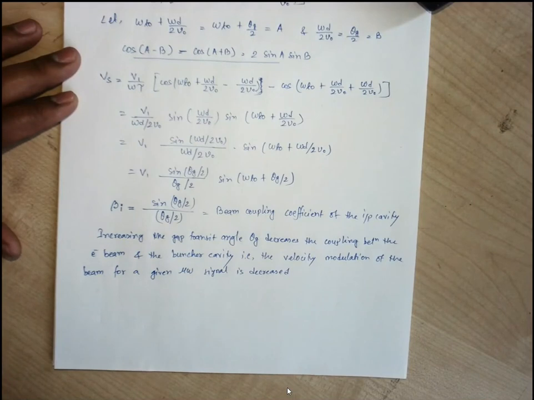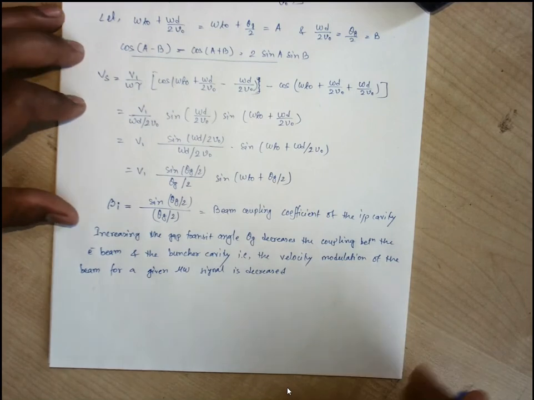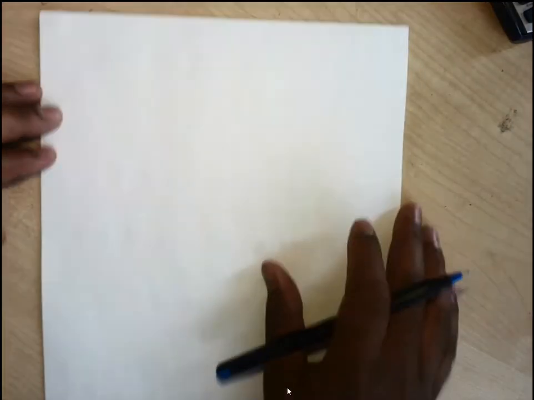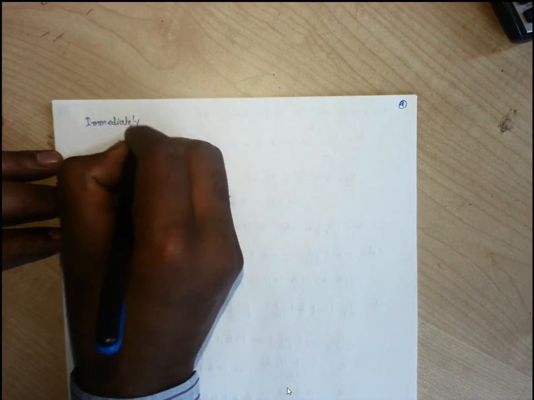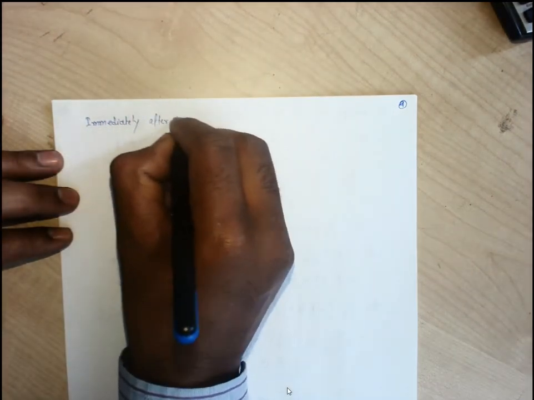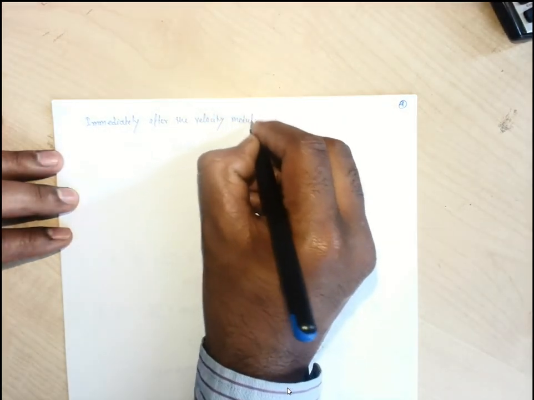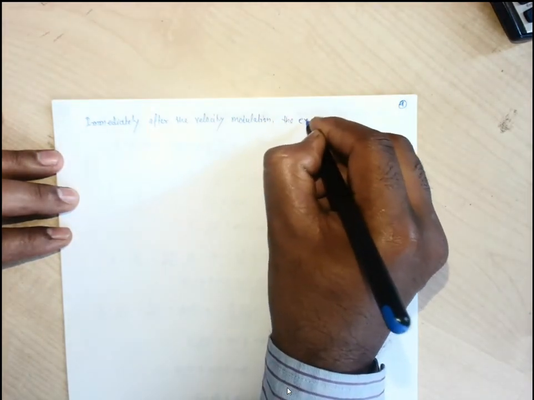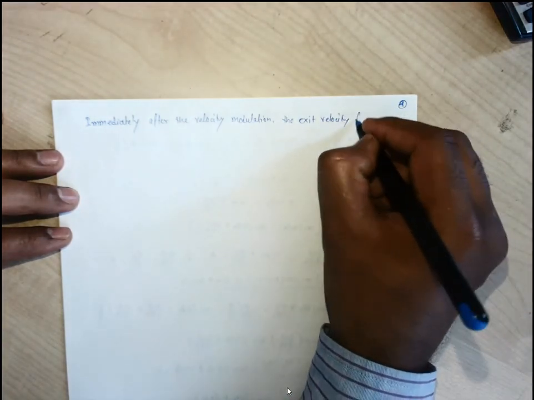So let us go with the exit velocity from the buncher gap, immediately after the velocity modulation.